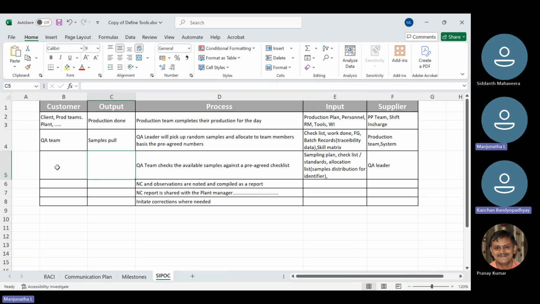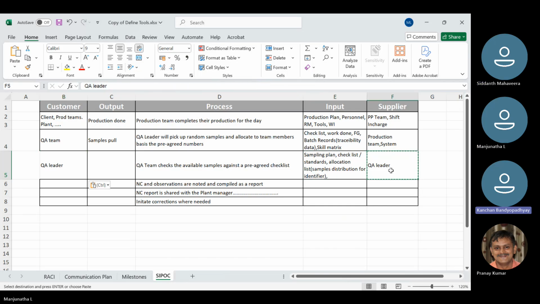Let me check item number 3. The supplier is basically supplying the sampling plan, checklist, allocation list and all. But I have to return it back to our QA lead, so the lead becomes the customer as well as my supplier, because the lead provides me the data.